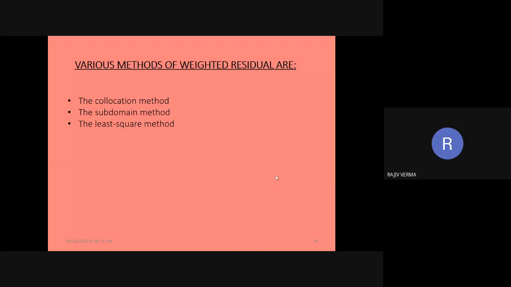So when you substitute the boundary conditions in the trial function, because there are two boundary conditions, this gives you two constraint equations. क्योंकि आपके पास दो बाउंड्री कंडीशंस हैं और एक एक करके जब आप इन दोनों बाउंड्री कंडीशंस को ट्रायल फंक्शन में सब्स्टिट्यूट करेंगे तो आपके पास दो कंस्ट्रेंट इक्वेशंस आती हैं.